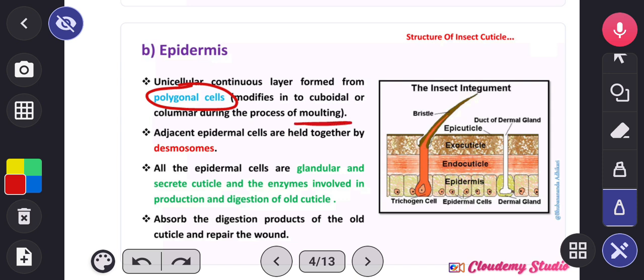If you have studied histology, you will know what polygonal, columnar, and cuboidal cells are. Adjacent epidermal cells are held together by desmosomes.